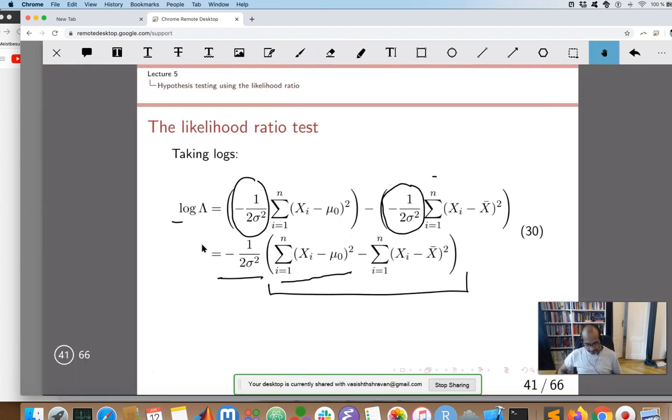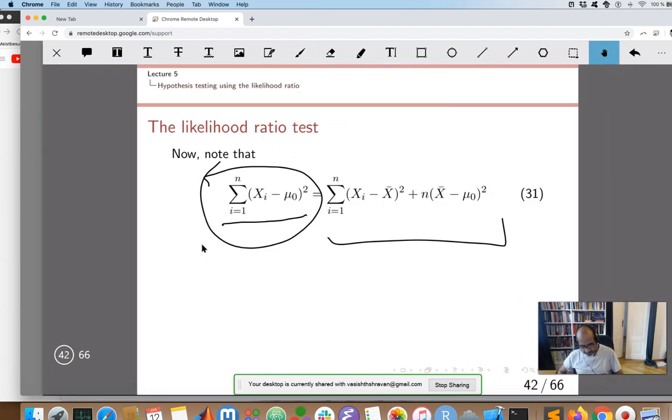This is interesting because the second term here, let me erase some of this again. What you're going to notice now is that this second term here is going to match exactly this term here. So these two will cancel out, leaving us with n times (x bar minus mu) squared.